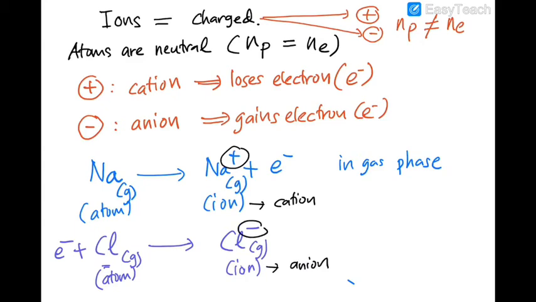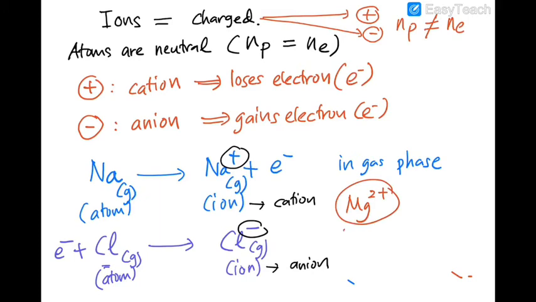Now, of course, certain atoms can lose electrons multiple times. For instance, magnesium, we can actually see them in nature as magnesium 2 plus. So in this case, you have two-step electron releases.